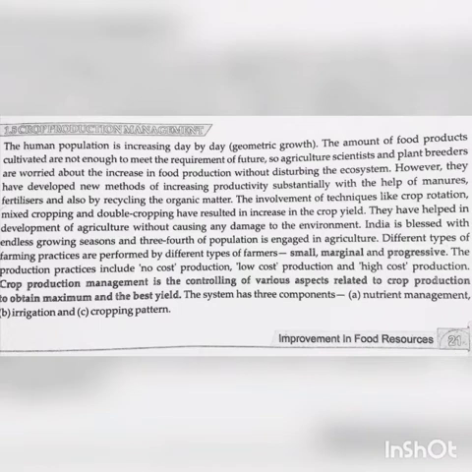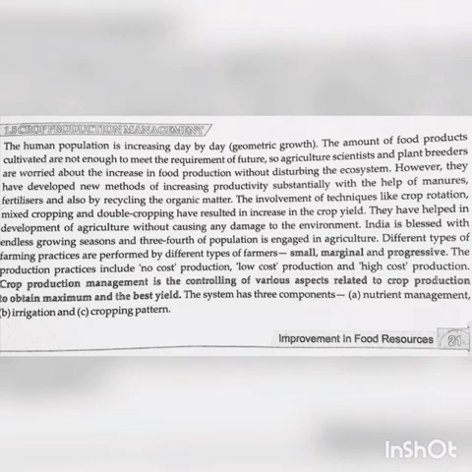India is blessed with an endless growing season and three-fourths of the population is engaged in agriculture. Different types of farming practices are performed by different types of farmers: small, marginal, and progressive. The production practices include no cost production, low cost production, and high cost production.